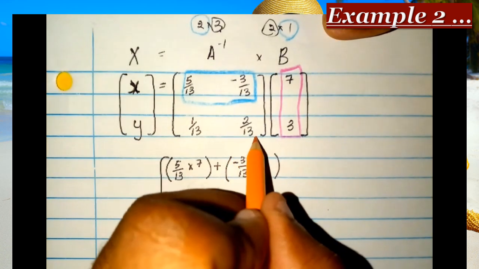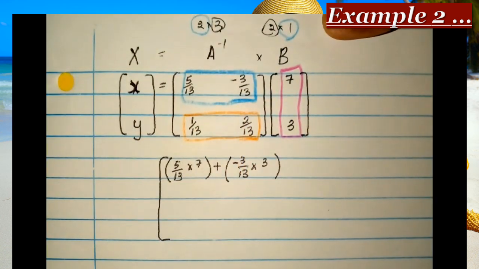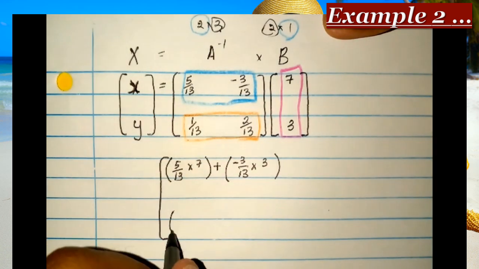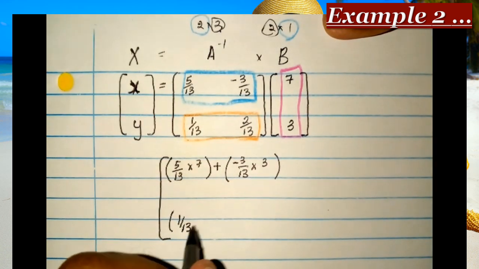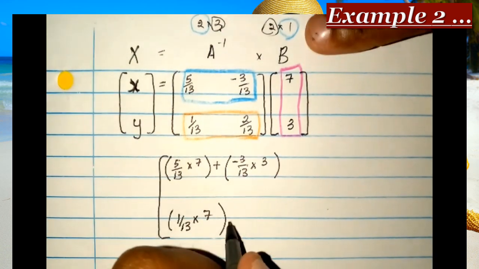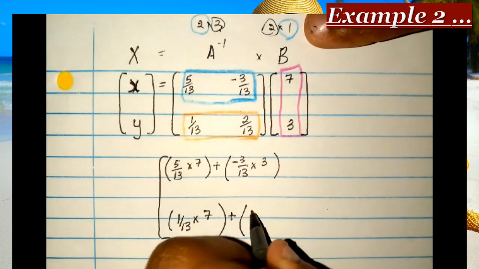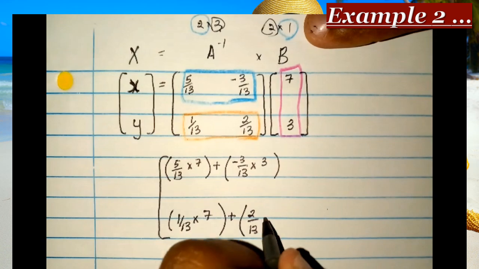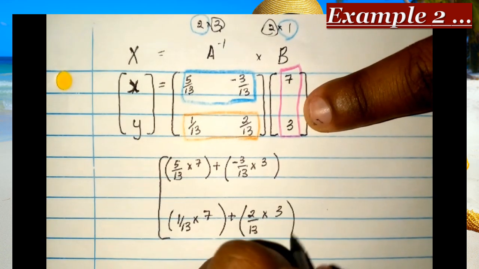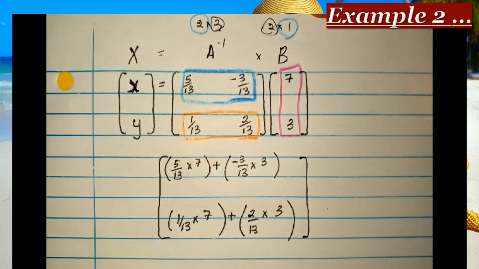So it's going to be row by this column. So first element, 1 over 13, and I'm multiplying that by 7, plus the second element, 2 over 13, multiplied by the second element, 3. That was a lot of work.